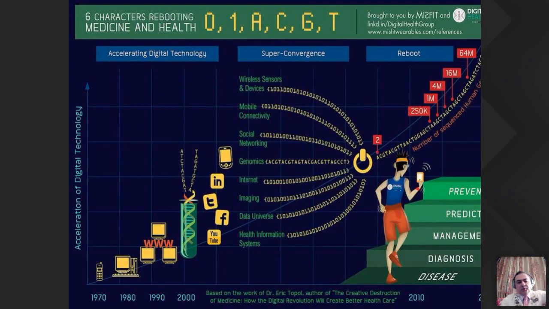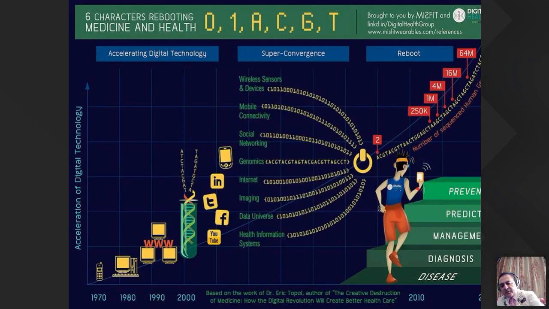And this proves the trilogy of the DNA, so I would say now the entire humanity is governed by six characters, which are 0, 1, and ACGT, which are the components of the DNA, and 0, 1 is the digital for any communication. You could see it over the years.